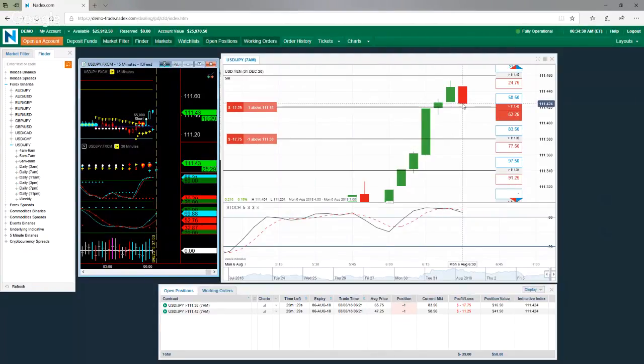Now, if this price bar closes under the low of this price bar, you'll have a 3-bar reversal.